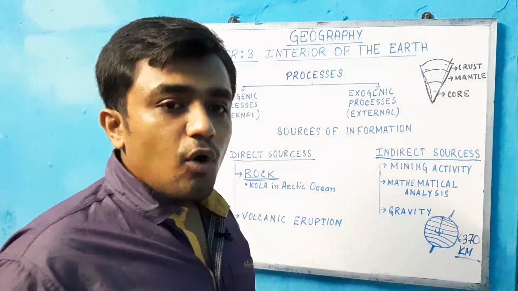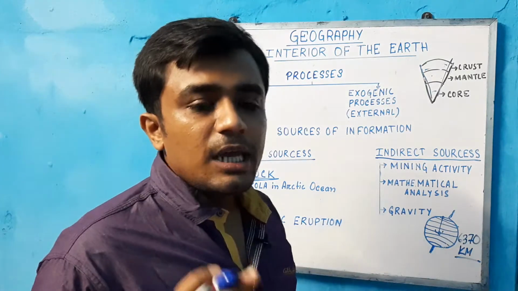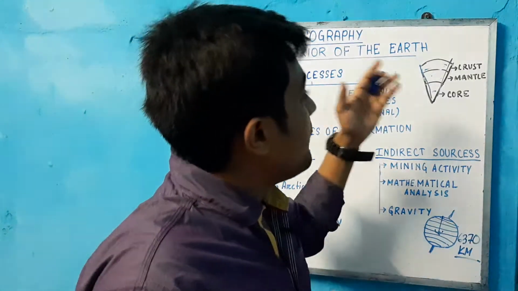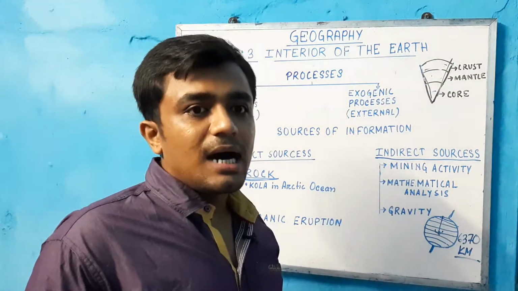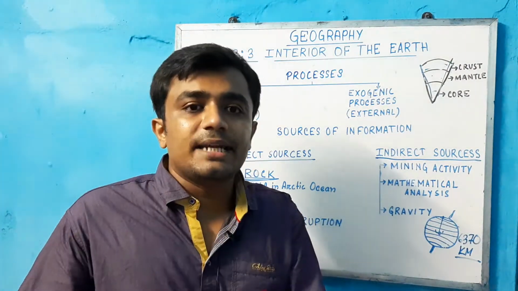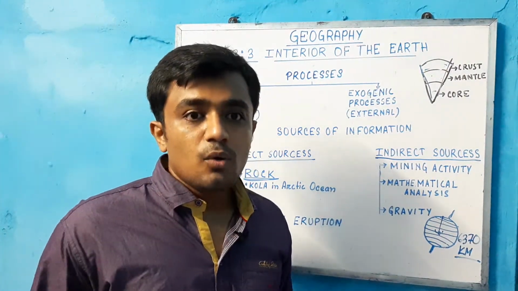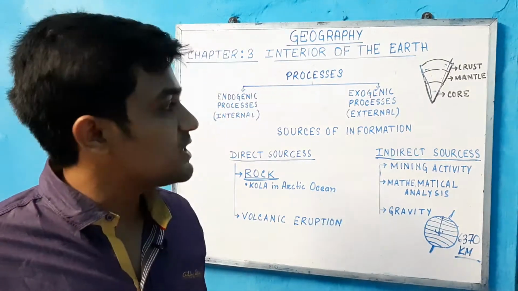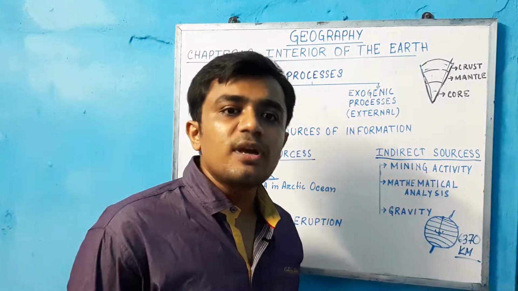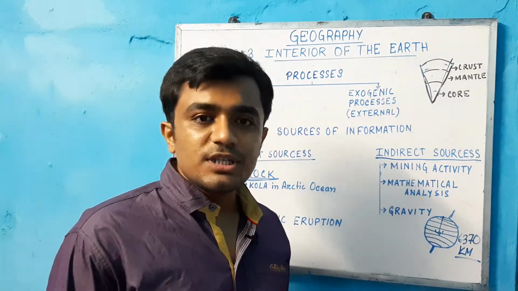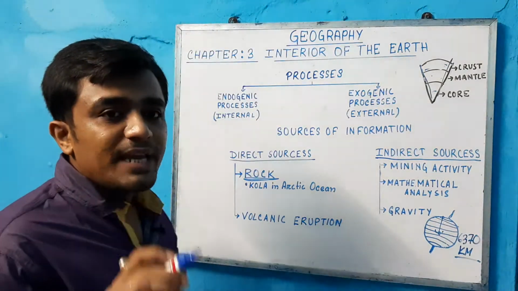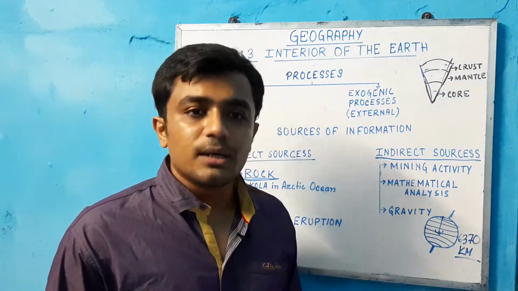Okay, so rock is very much important direct information and we get some important information about the interior of the earth from the rock. Which type of rock? Which type of rock we get direct from the interior of the earth. We can't get the proper information from the surface rock because surface rocks are influenced by weathering, mass wasting, denudation like process. For that reason the deepest ocean drilling project occurred.